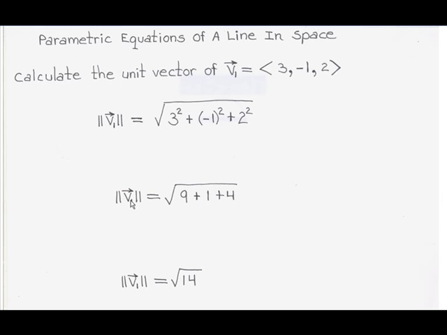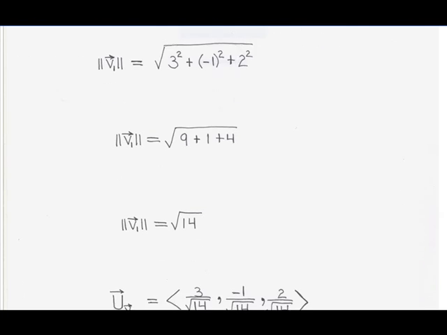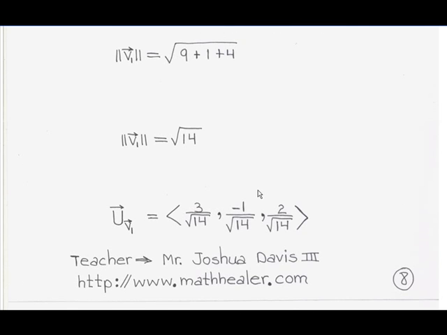So the magnitude of vector V1 is equal to the square root of 9 plus 1 plus 4. Finally, the magnitude of vector V1 is equal to the square root of 14.